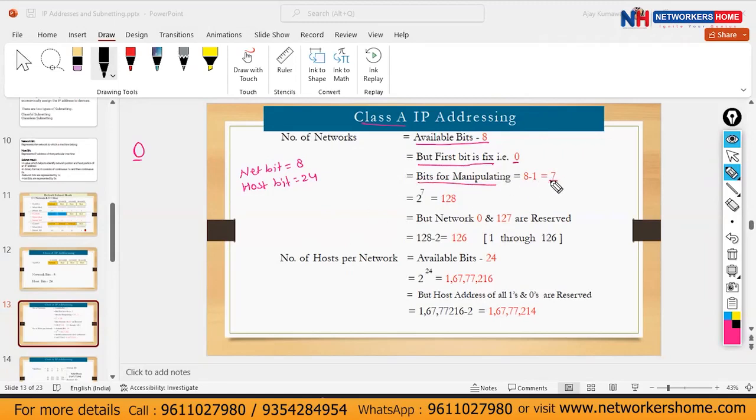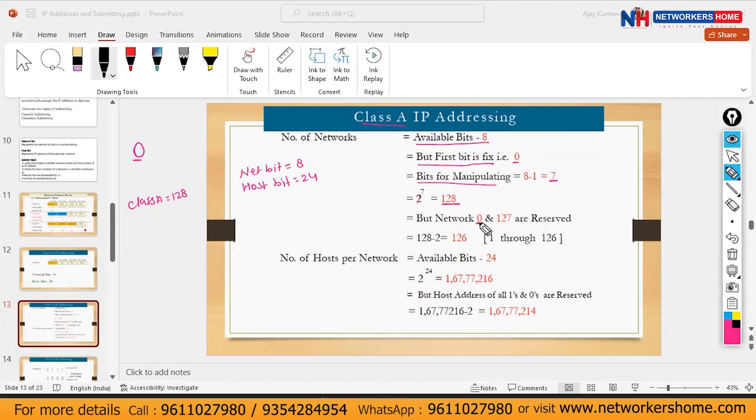With the help of 7 bits, how many networks can we design? Simply calculate 2 raised to power 7, that is, 2 raised to power network bits. So the total will be 128. In class A you can design 128 networks. But how many can you use?